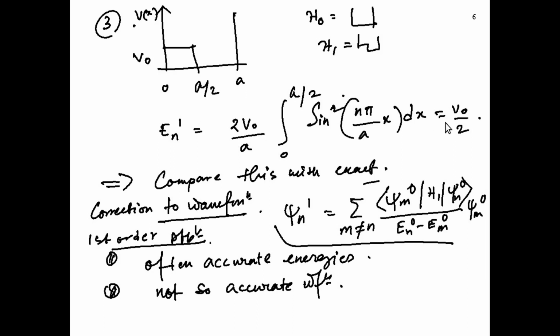Again compare this with the exact, and you will find that this is pretty accurate, but again the wave function is not so accurate. So it is generally true that the first order gives you a very good approximation to the energy. That's why it's such a famous formula. But to get a similar accuracy in the wave function, you have to go to one higher order. That is generally true in perturbation theory, and you will see many examples of that.